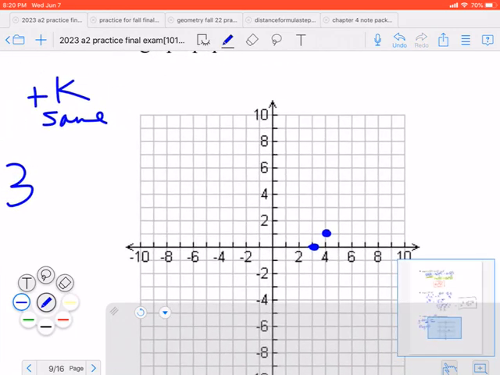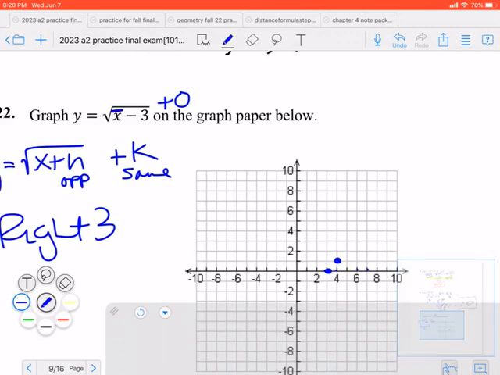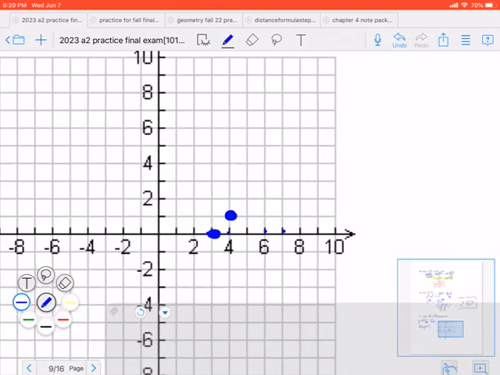And then the next number over, I'm gonna plug in a 7, because 7 minus 3 is 4, and 4 is a perfect square. The square root of 4 is 2. So over 7, up 2.